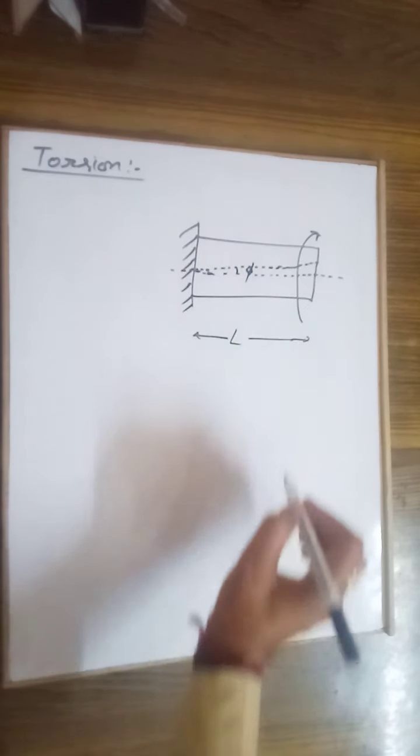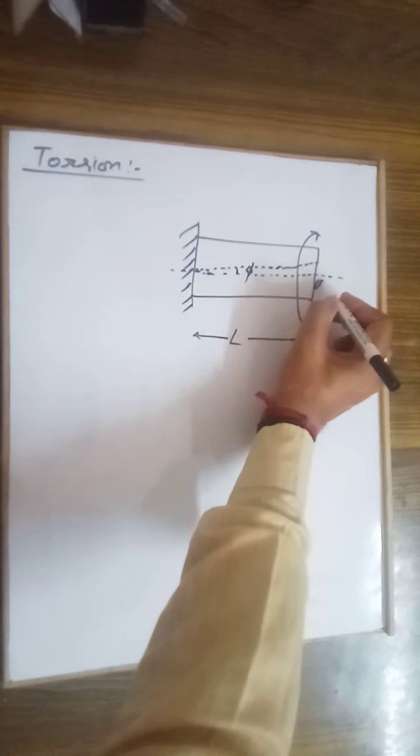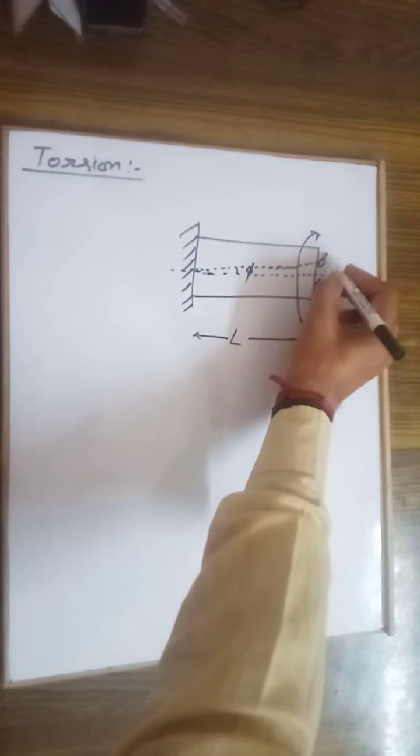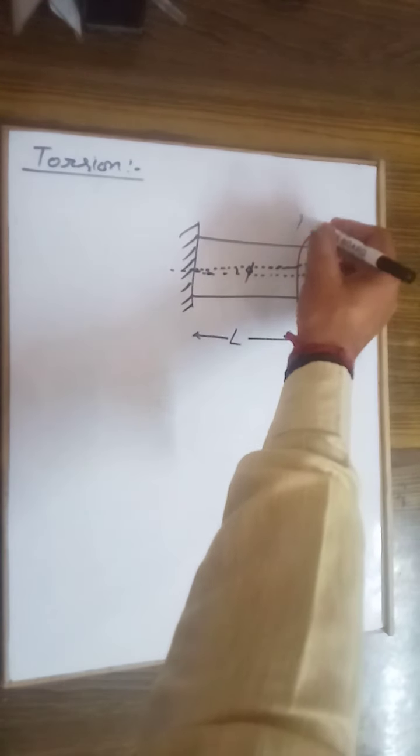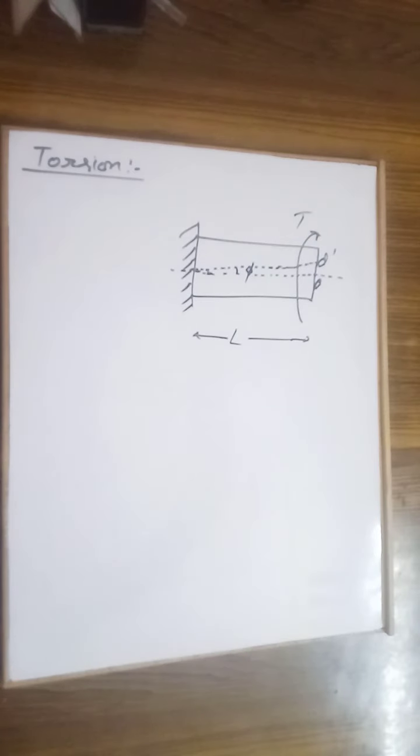Phi is the angle between this portion, like if it is q, so it is q dash. In the figure, t is the torque or the moment applied, and the angle is phi.